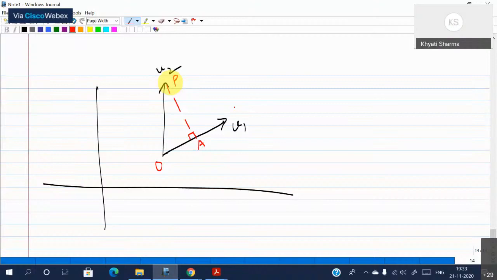So is it clear or shall I do it more? No, no, sir, it's fine. Yeah. Instead of using V1 and V2, what I will do is I will use V1 and AP. Okay. Then they are perpendicular. And what is AP? AP is nothing but this minus that much, right? This is a projection.